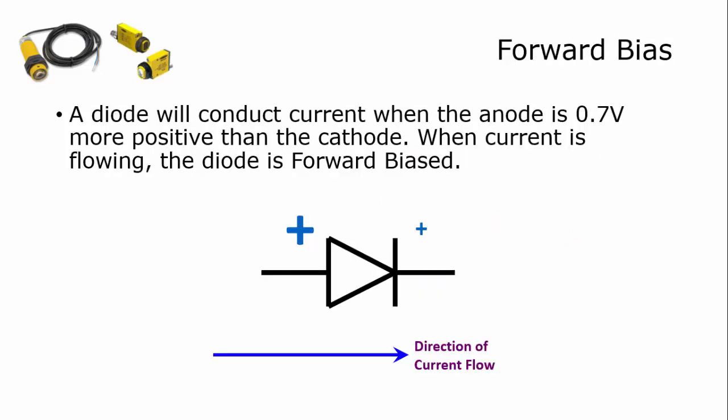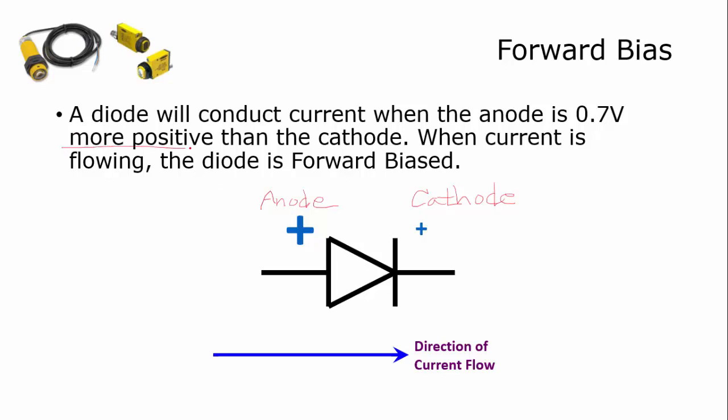So diodes, when they are conducting current, the term for that is that the diode is forward biased. Now, a diode will conduct current when the anode, this is the anode, this is the cathode, is 0.7 volts more positive.